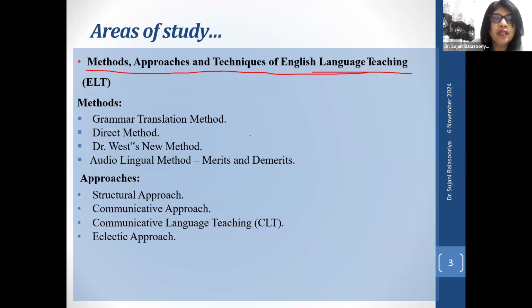Whether you have been exposed to this sort of discussion on methods, approaches, and techniques of ELT, especially ELT methods like grammar translation method, direct method, audiolingual methods, and so on, right? May I know whether you all have talked about this area elsewhere, in another module or in another semester?